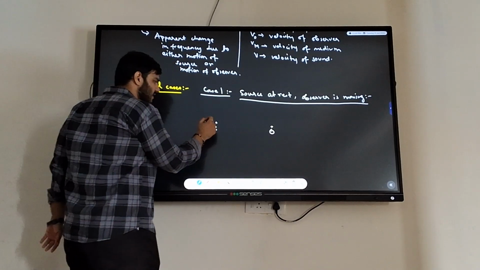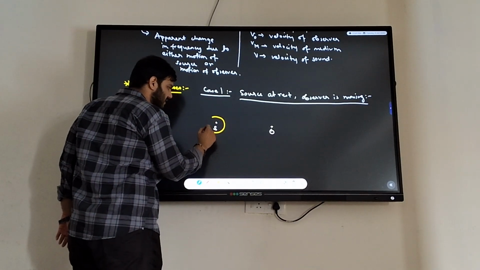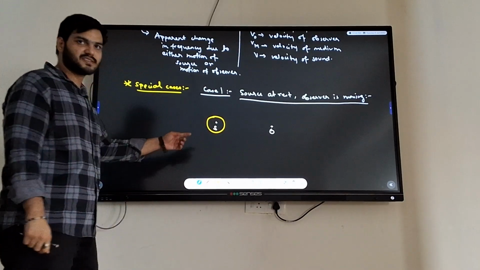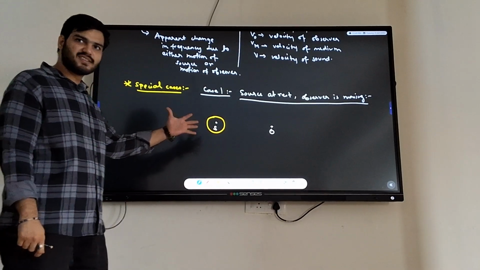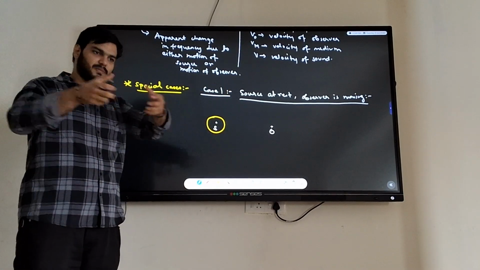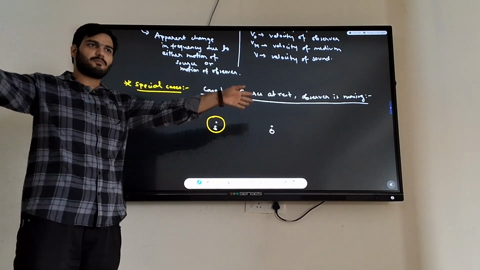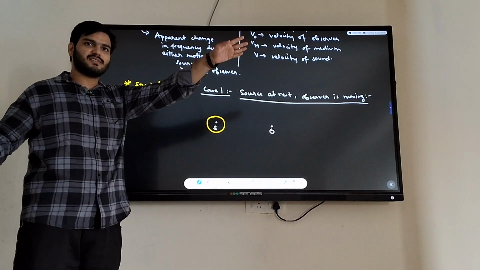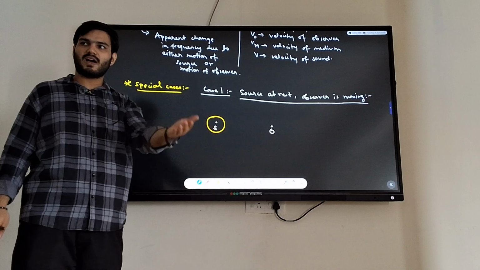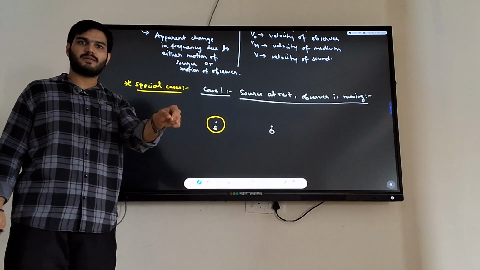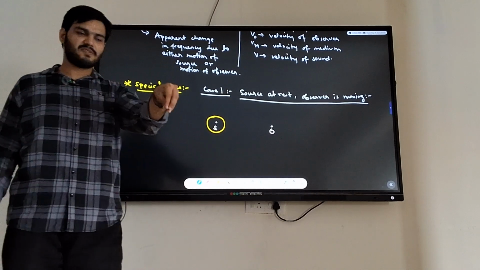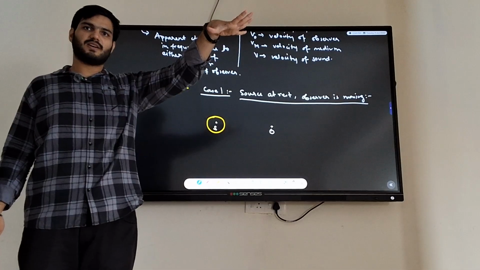And so you can imagine that it will give off sound waves in all possible directions, and this is a circle. As time passes, this circle will keep on going bigger and bigger. It's the same as if you have a lake and then you throw a pebble. Your water waves increase, the diameter keeps on increasing.